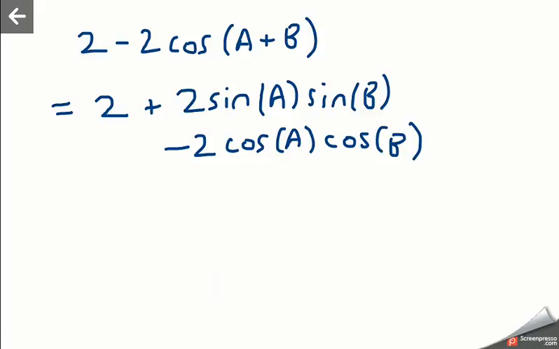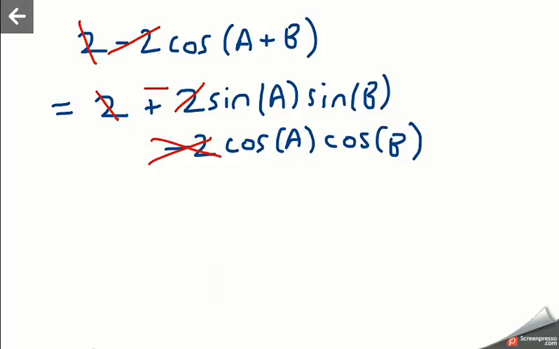And then the rest just falls out from algebra, because this 2 cancels with this 2, just subtract 2 from both sides. And now we're going to divide both sides by negative 2. So this cancels, and this 2 cancels and becomes a negative, and this cancels and becomes a positive.